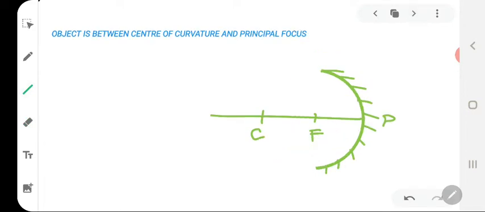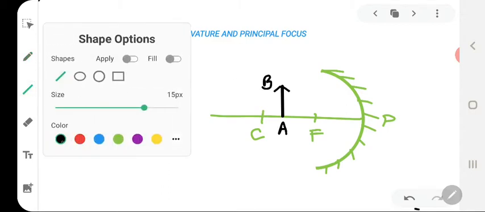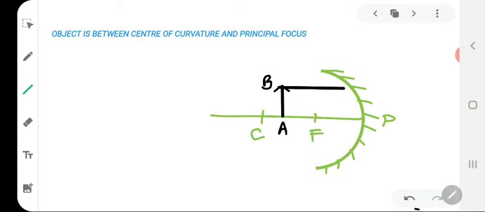Let's switch over to the fourth situation. The object is between center of curvature and principal focus. So this is the object. Let us name it again as A and B. Considering the special rays, the first special ray traveling parallel to the principal axis passes through the focus after getting reflected. Let's mark the arrowheads.